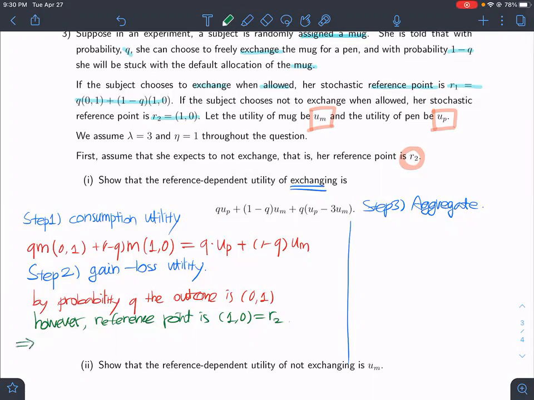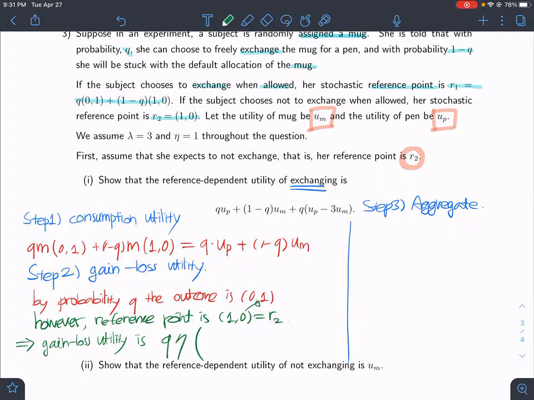Hence, the gain loss utility happens with probability Q, times we multiply eta to account for gain loss utility. And then what is the gain and what is the loss?